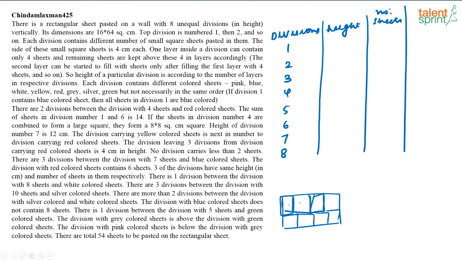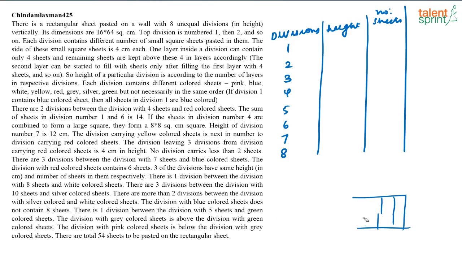I can have another division which has 2 layers and 8 sheets. So we need clarity on that. So I have divisions, height, the number of sheets, and also the colors that are used for each division. So these are the 4 things that we have to find out.